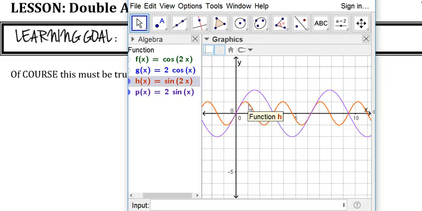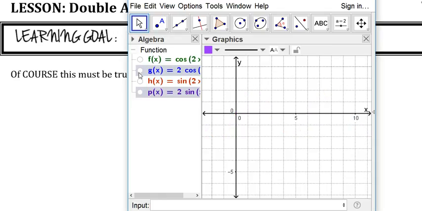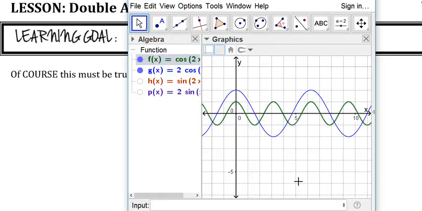And so it's been compressed to pi, just past 3. And here's 2 sine theta. It's got a period of 2 pi still, so over 6. And it's got a change in amplitude, right? So there's sine, and then if I look at cosine, there it is.